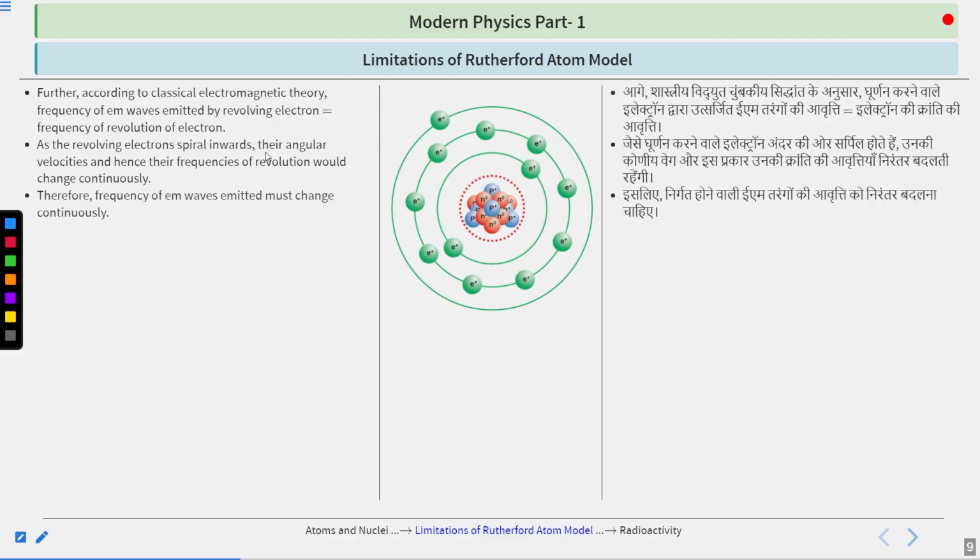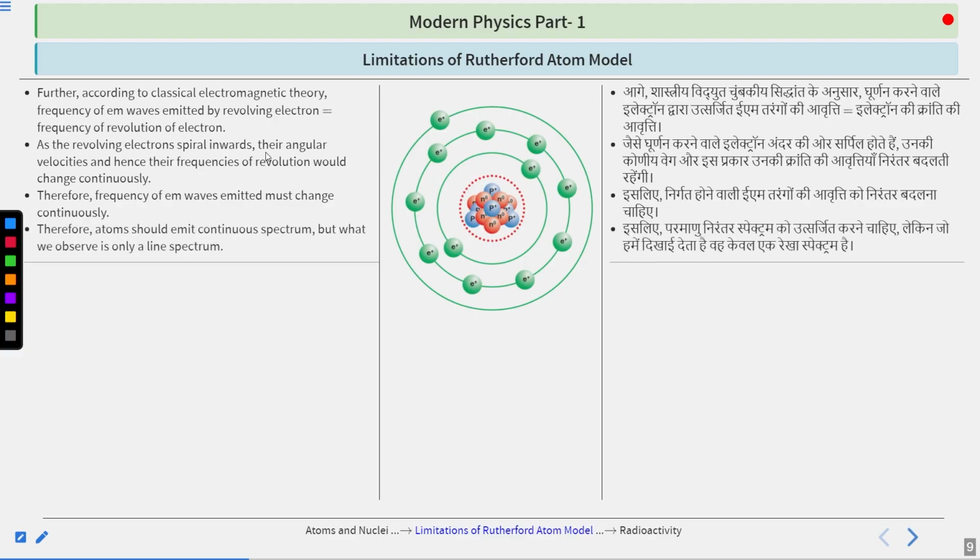Therefore, the frequency of electromagnetic waves emitted must change continuously, but it does not. Therefore, atoms should emit a continuous spectrum, but what we observe is only a line spectrum. So that is another limitation of Rutherford atomic model.